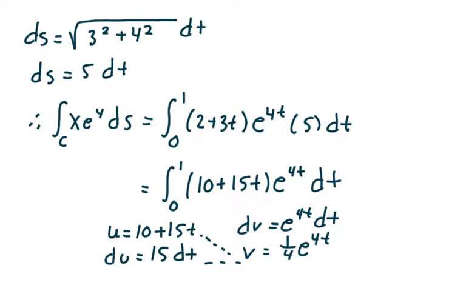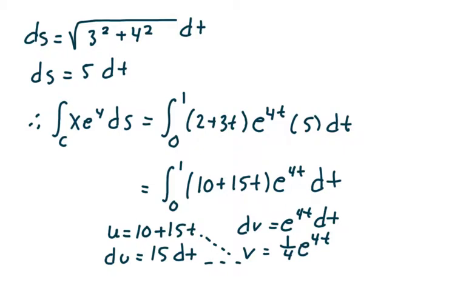So it's all substitution all the time, okay? Now, I'm going to distribute that 5 in, and so I get the integral from 0 to 1 of 10 plus 15t times e to the 4t dt, and I'm integrating from 0 to 1.